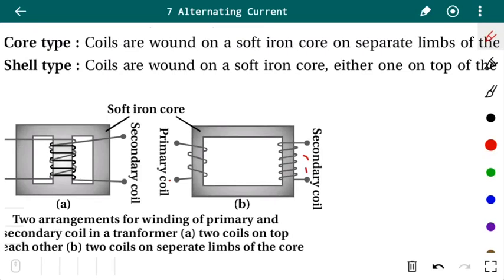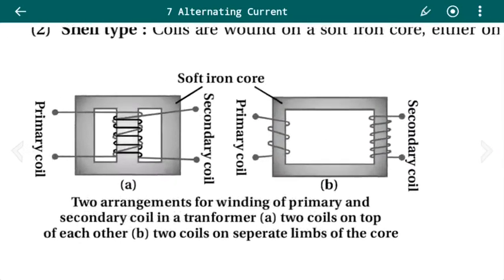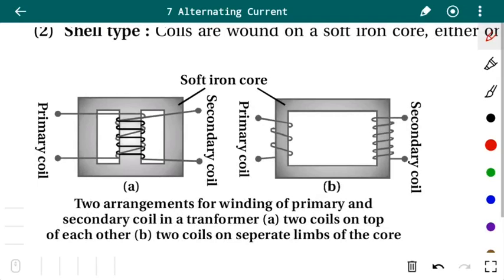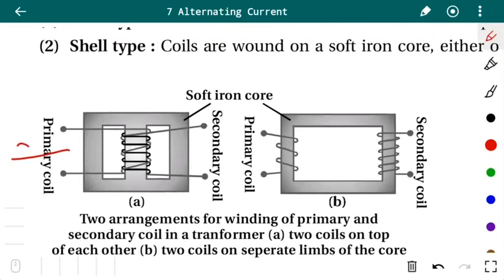Here we have separate limbs of the core. One limb is for winding the primary coil and the other limb is for winding the secondary coil. The primary coil is used as the input coil because it is connected to the input voltage which is to be changed, and the secondary coil is generally connected to the appliance for which we want the desired voltage. So the primary coil is the input coil, the secondary coil is the output coil.